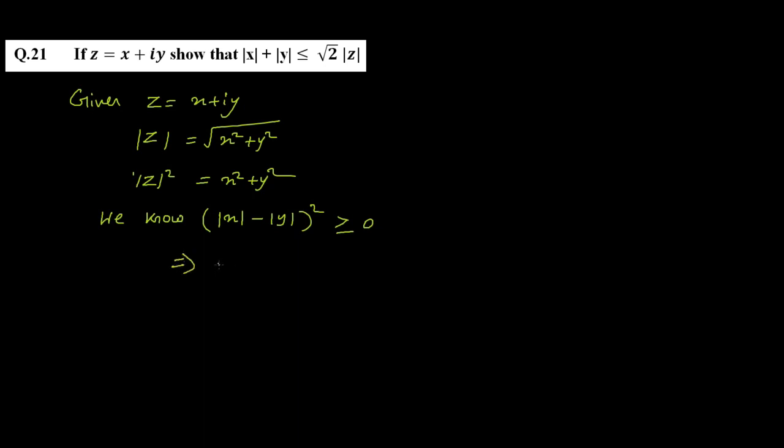Now I can open the square. So mod x square plus mod y square minus 2 into mod x into mod y is greater than or equal to 0. What I'm going to do here is add mod x square plus mod y square to both sides.